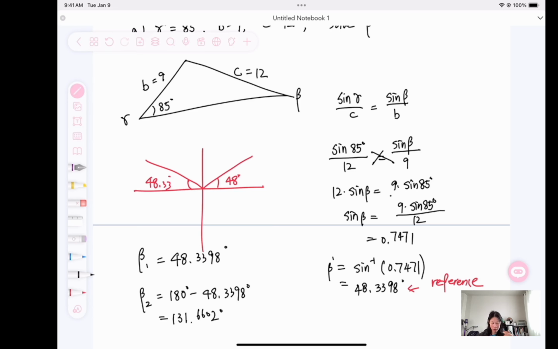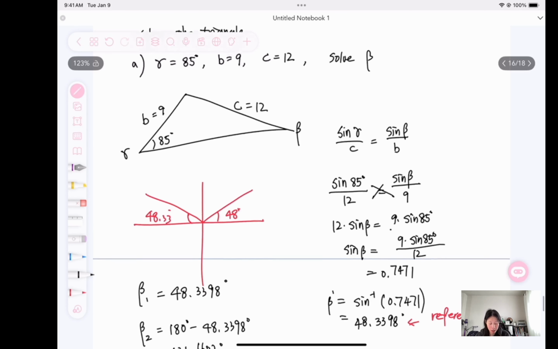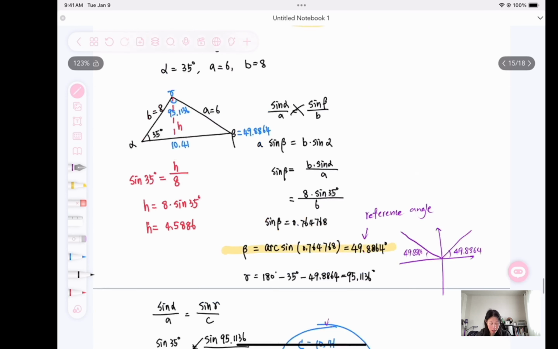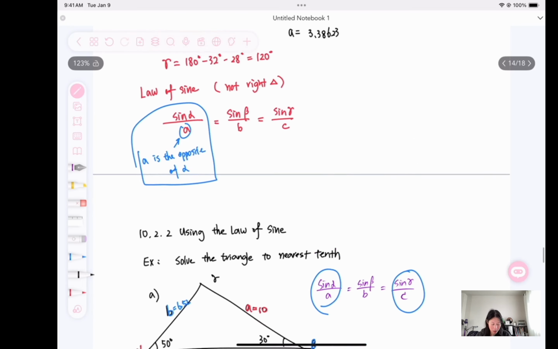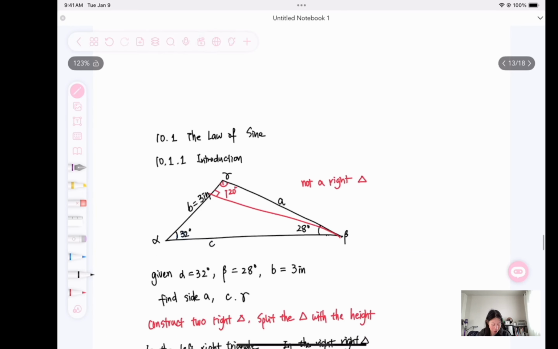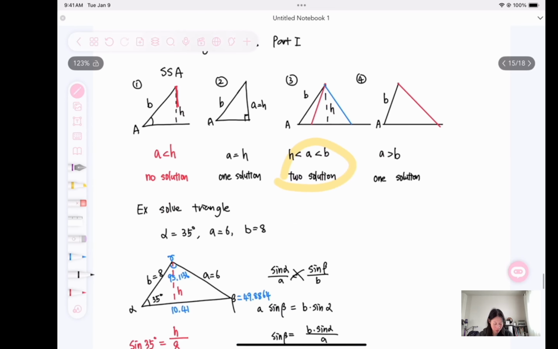So here are the two solution sets, and we want to find out if this is correct. One way to do it is to find the height and see if the height makes sense, or see if c is greater than b. Remember the cases that we talked about? Is that going to be case 4, 3, or 2?